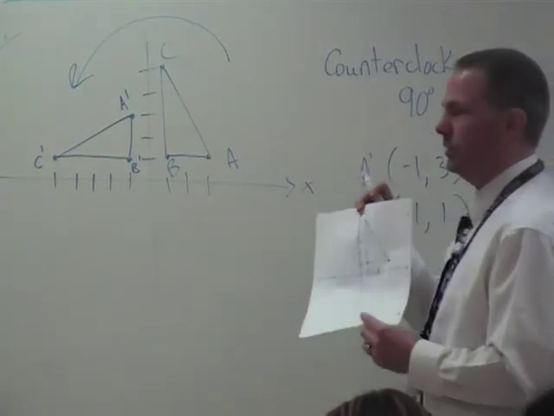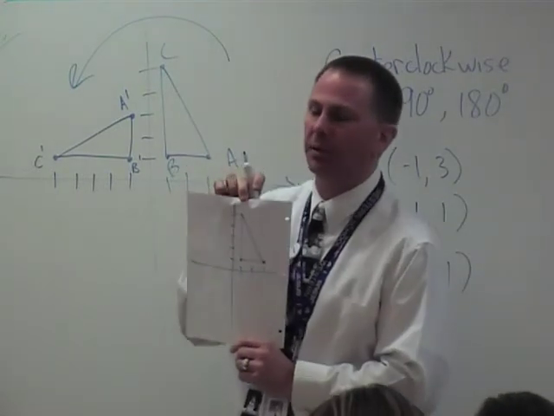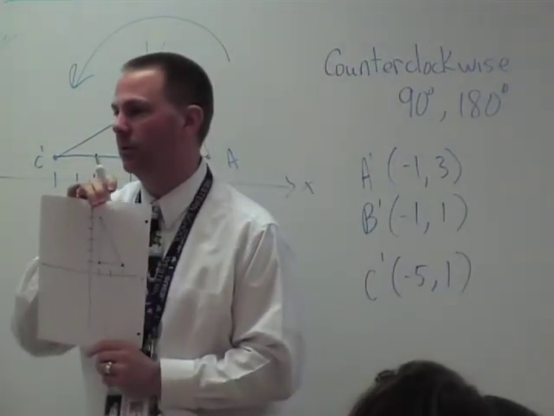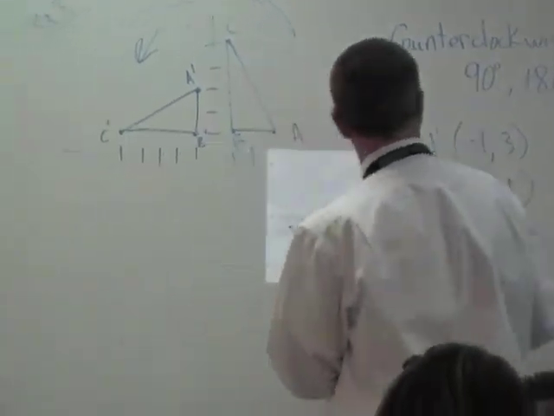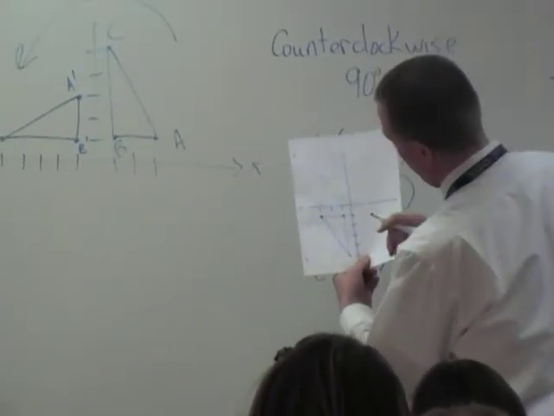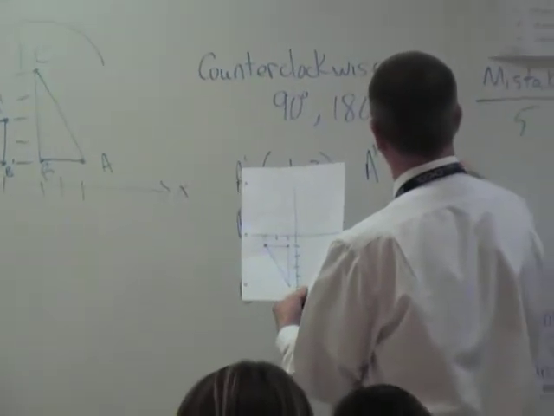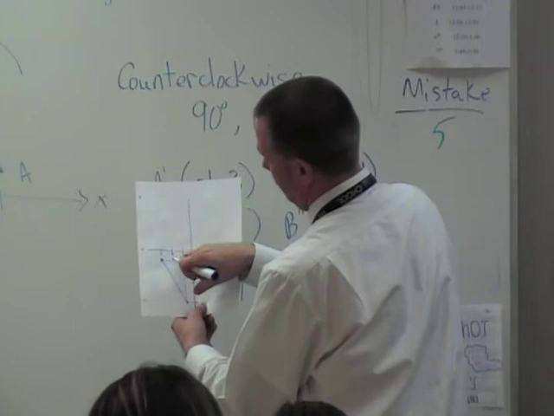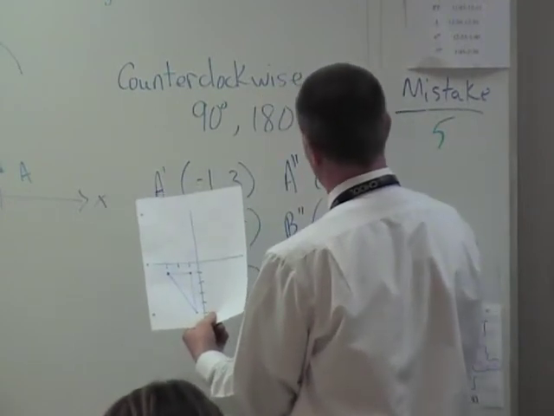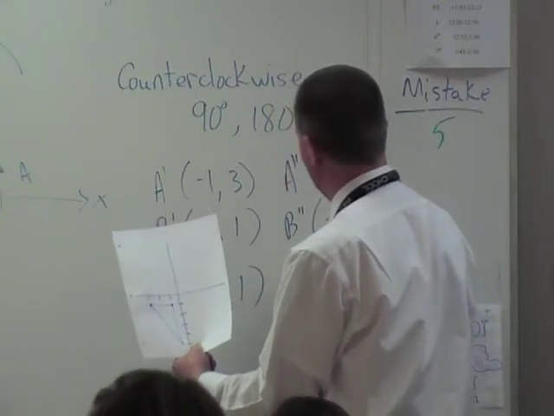Alright, so now this is your pre-image. You go back to your pre-image, and I want to rotate 180, so what am I going to do? 90, 180. Look at it, and then write down my double prime coordinates. So A double prime is now at -3, -1. B double prime is at -1, -1. It's double primes because this is the second thing we're doing with the same pre-image.